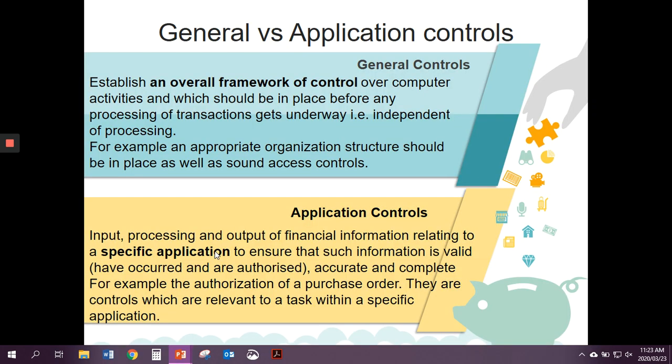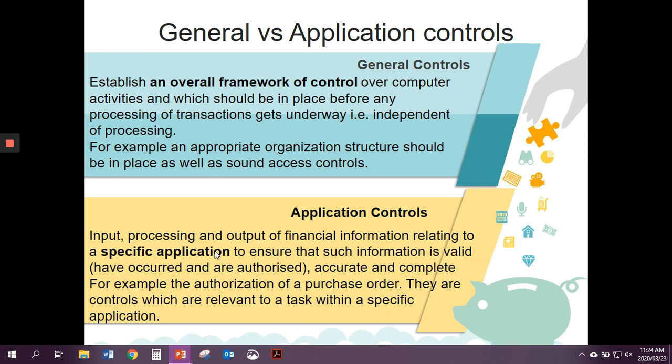Okay, so now let's talk about the difference between general controls and application controls. In general controls, we are dealing with an overall framework of the computer activities. So we are not dealing with specific applications.